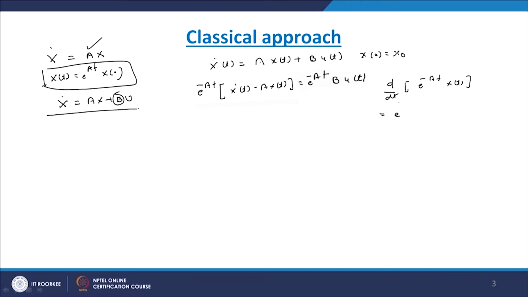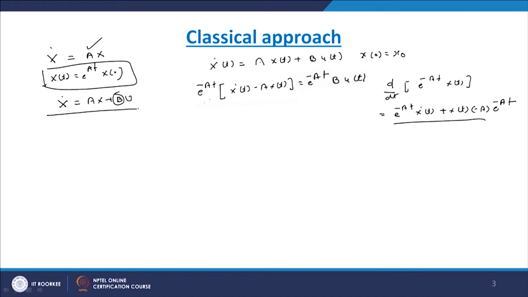We will get e raised to minus at into x dot t plus x of t into minus a e raised to minus at. That is what we have done: the first term constant, then the differentiation of x of t, x dot t, plus the first term, the differentiation of e raised to minus at is e raised to minus at, and this constant term minus a we have multiplied by this. Now you will find that this equation and these equations are both the same thing.